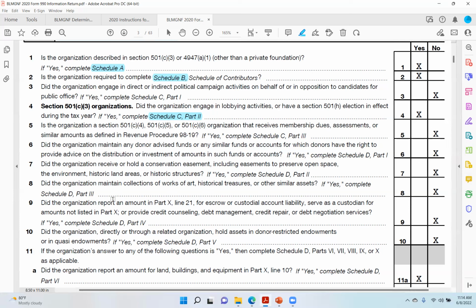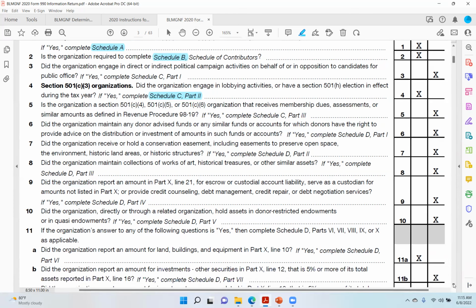They answered no. Number 9: Did the organization report an amount on Part X, line 21, for escrow or custodial account liability, serve as a custodian for amounts not listed in Part X, or provide credit counseling, debt management, credit repair, debt negotiation services, and so on? No. Okay, so I'm going to keep going.